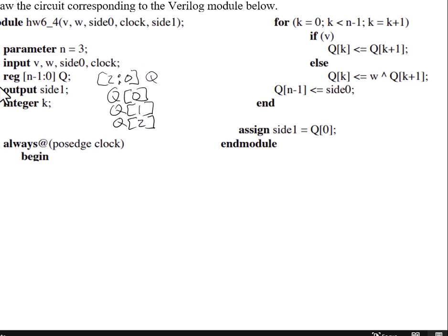So this tells us that something's going to happen at the positive edge of the clock, and we'll take a look at our for loop to figure out what it is. So what exactly is going on.